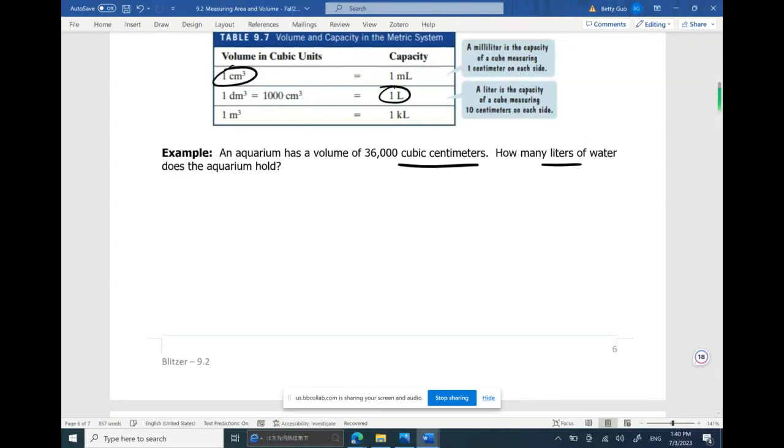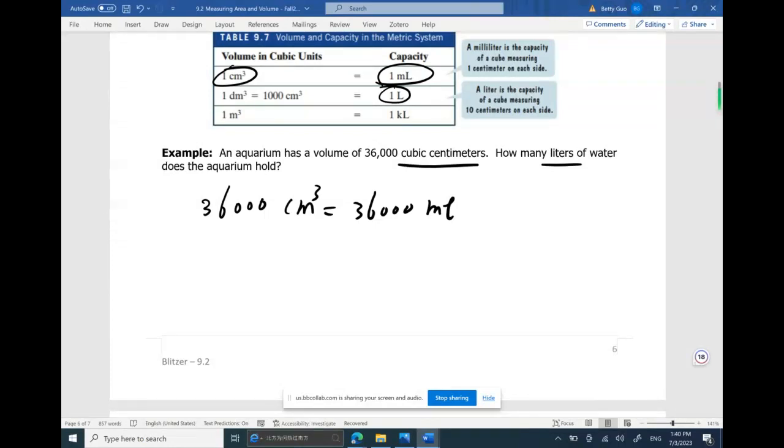So we can use the given table to get this problem done. 36,000 cubic centimeters is 36,000 milliliters, right? One cubic centimeter is the same as 1 milliliter.